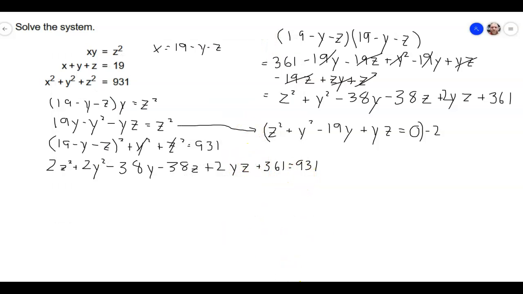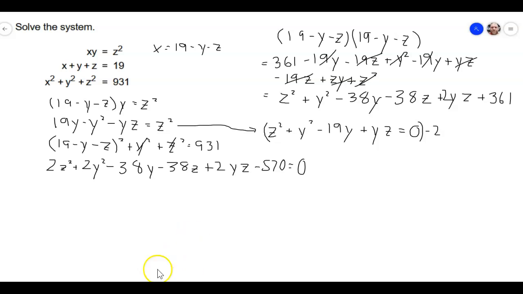So negative 570, minus 570 is equal to 0. I just want to make sure everything lines up right.